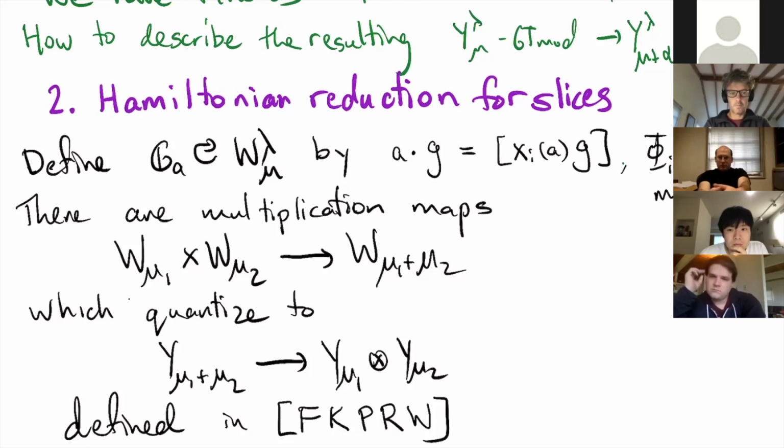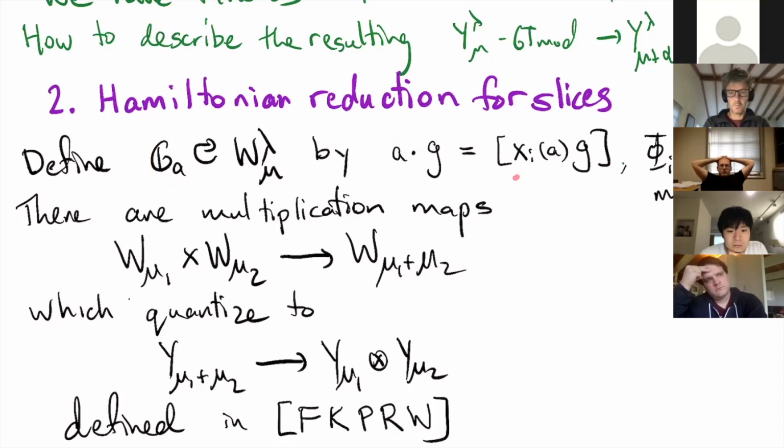To explain that, we define an action of the additive group on W^λ in a very simple way. I consider ξ_i(A), that's just the usual ith root subgroup of G, and A here is just a complex number. If I want to act on an element in my W^λ_μ, I just multiply on the left by ξ_i(A), take its conjugate, take its class.